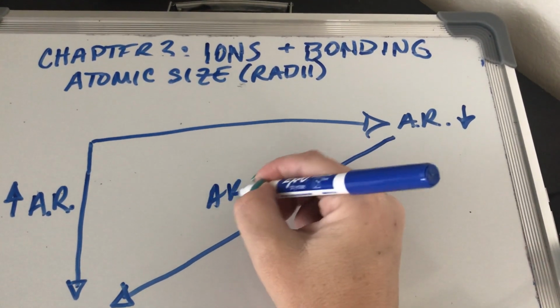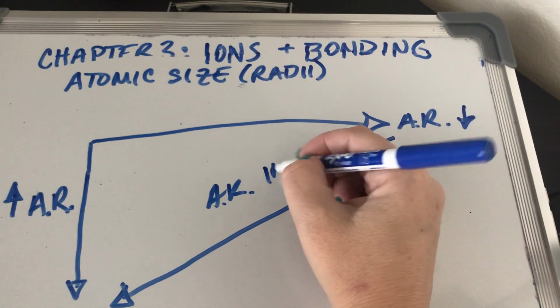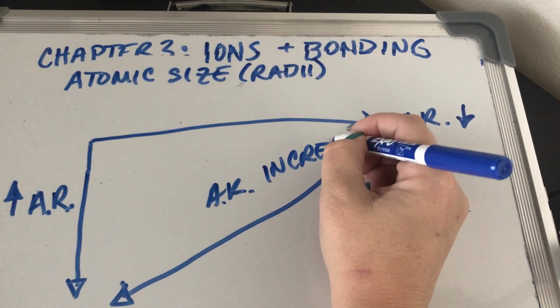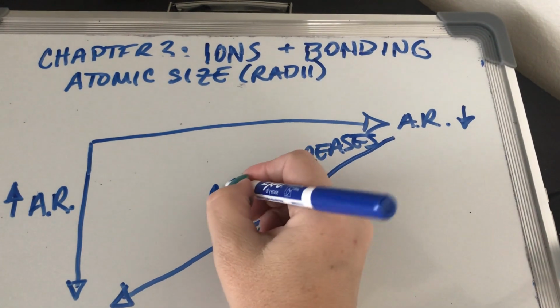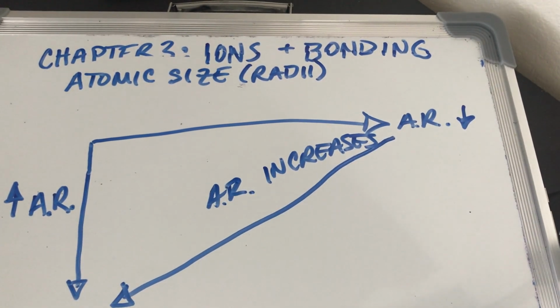And our atomic radius increases. Okay? Sorry, not AK, AR. Is this another case where we don't include the noble gases? Correct. Yes, noble gases are always weirdos in some way or another.